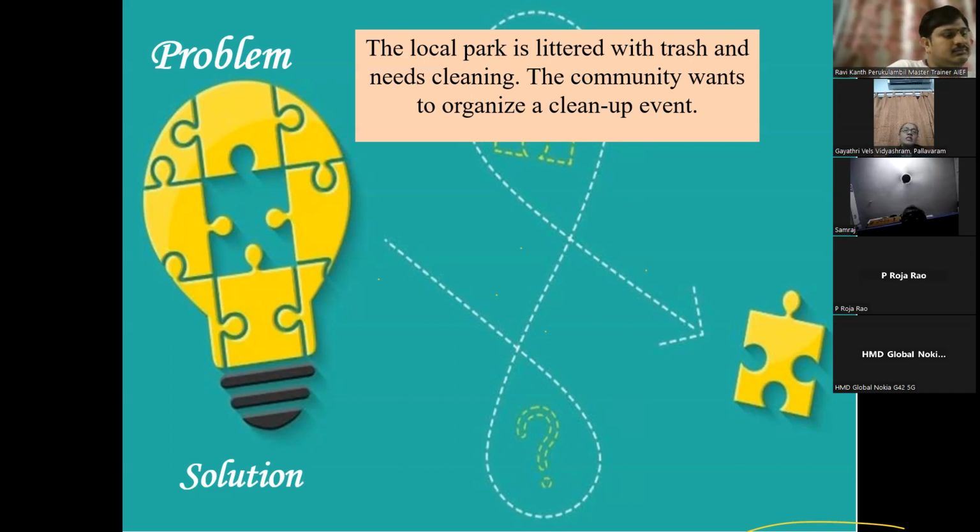So when you are developing an action plan, we need to set the date for the event and outline when it is going to happen. Then we need to recruit some volunteers to do that activity. As ma'am said, we need to collect supplies like dustbins, gloves, and all those things. And we need to inform them. Second one, communicate the plan. To whom can we communicate and how can we communicate?